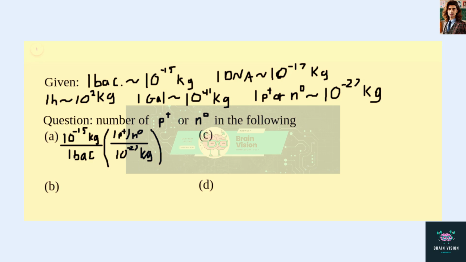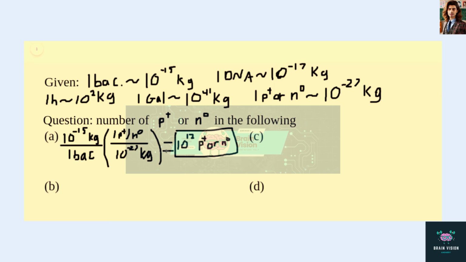That gives us 10 to the 12 protons, P plus, or N0. Now we can box that in because that's our solution to part A.